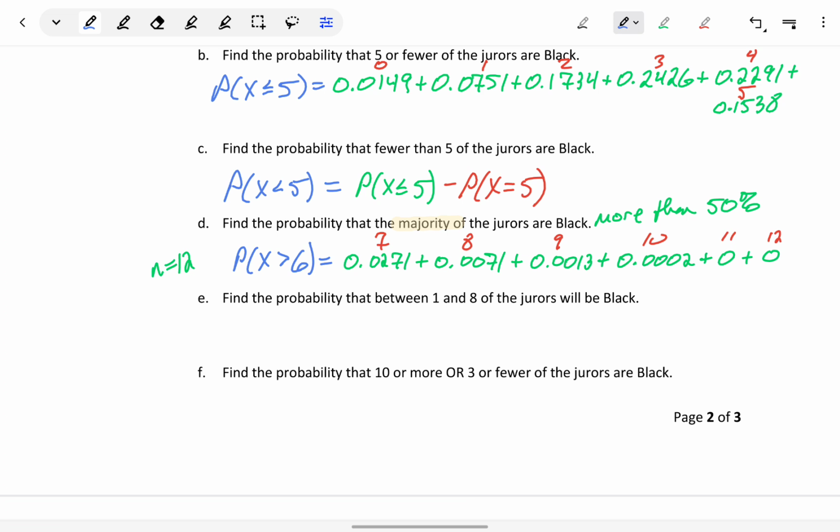We could find the probability that between 1 and 8 of the jurors would be black. This would be the probability that 1 is less than or equal to x, is less than or equal to 8.